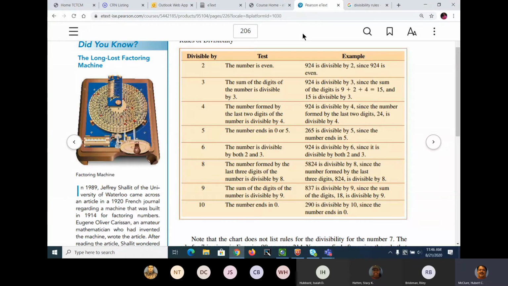So with this being said, I'm trying to do 54. And 5 goes into numbers that end in what? 0 and 5. So I know that 5 won't work. 6 and 3 go into numbers whose digits, when you add them up, are divisible by 6 or 3. Okay?